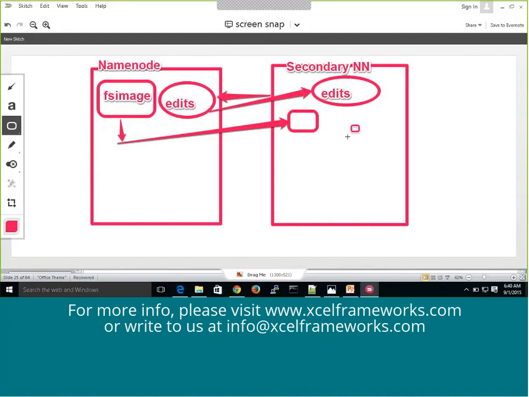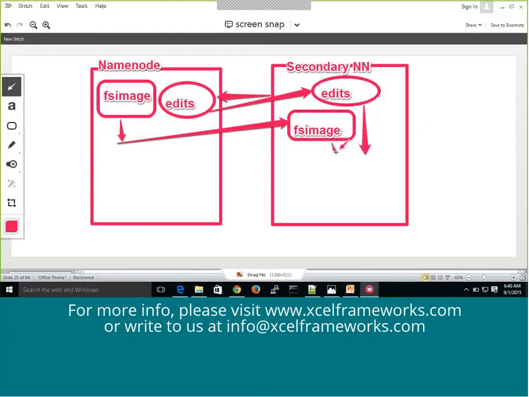Now what does the secondary name node do? It keeps a copy of this fs image and edits log file. Now once it gets these two, it combines these together.